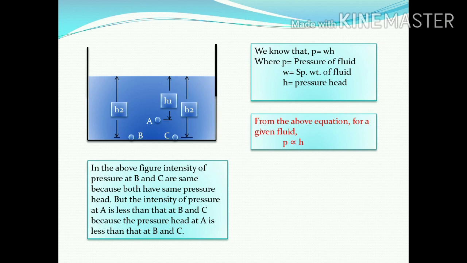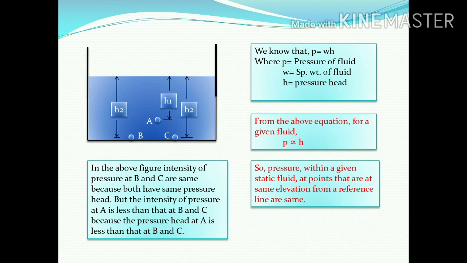That means the pressure head at A is less than the pressure head at B and C. So the pressure at A will be less than that at B and C. So pressure within a given static fluid at points that are at the same elevation from a reference line are the same. Based on this principle, we are going to derive the equilibrium equation for pressure measuring devices.